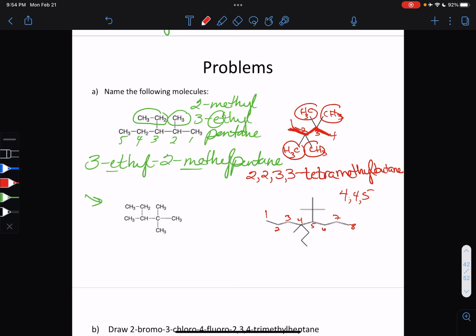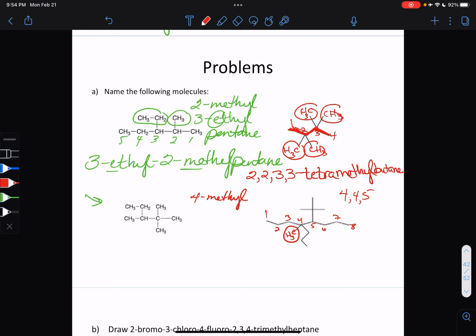Okay, so on carbon 4, I have 2 substituents. Now, at the end of each of my lines is a CH3. A branch that is CH3 is called what? Methyl. So I've got 4-methyl.